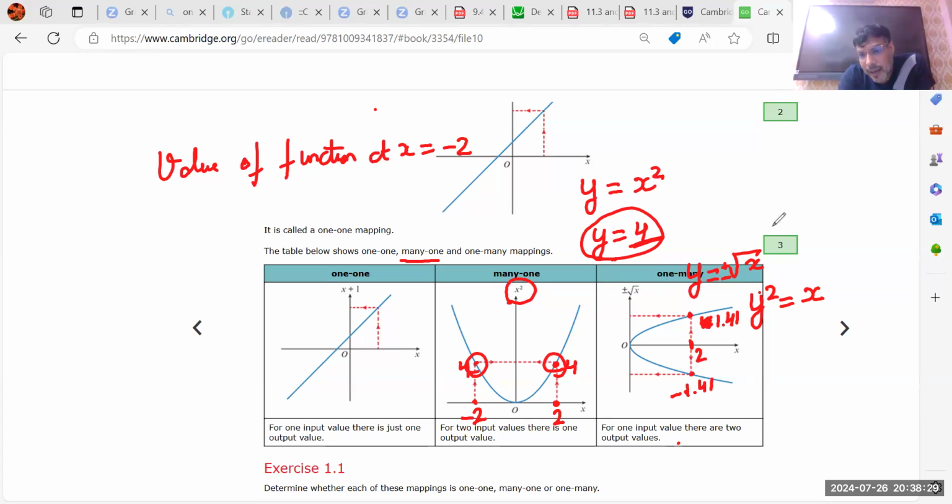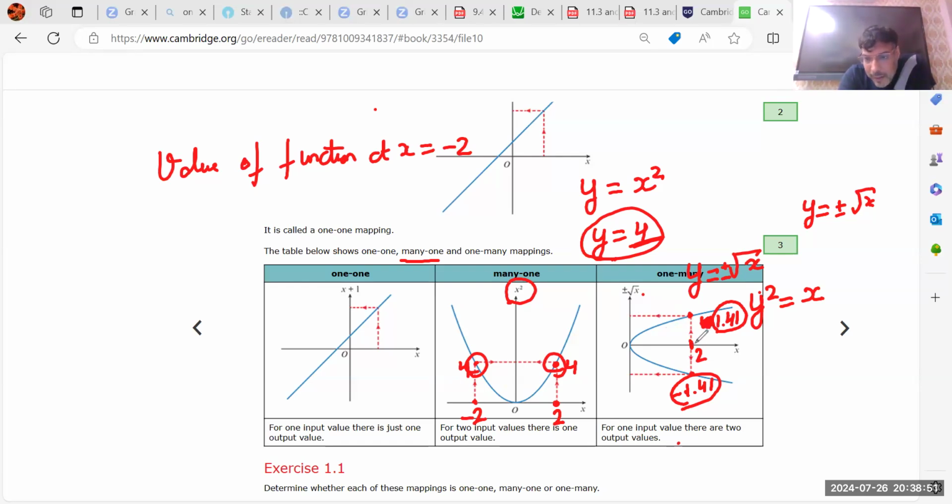So guys, if your function is y equal to plus minus root x and I put x equal to 2, my y can be 1.41 or -1.41, right?